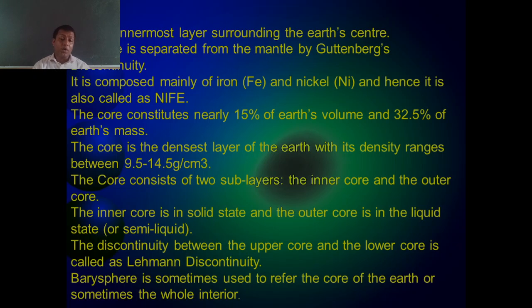The discontinuity between the upper core and the lower core is called the Lehmann discontinuity, and between the mantle and core we have the Gutenberg discontinuity. Dear students, one more thing I want to put before you: what about temperature and pressure as you go into the inner part of the earth? We are going to discuss this also.